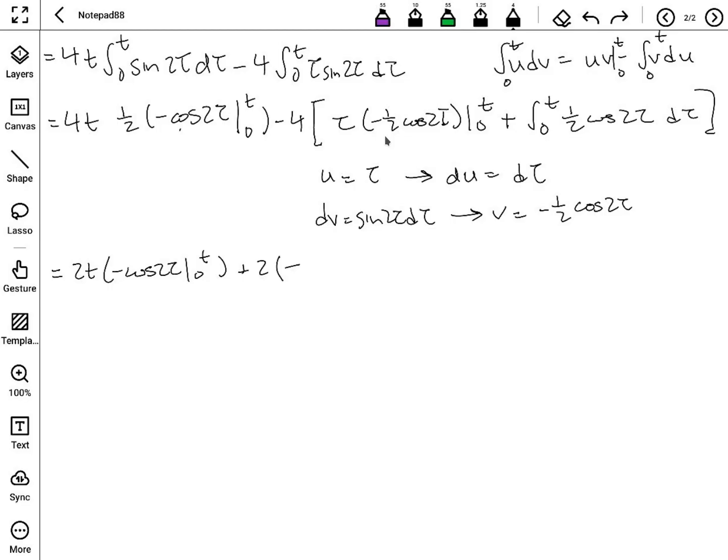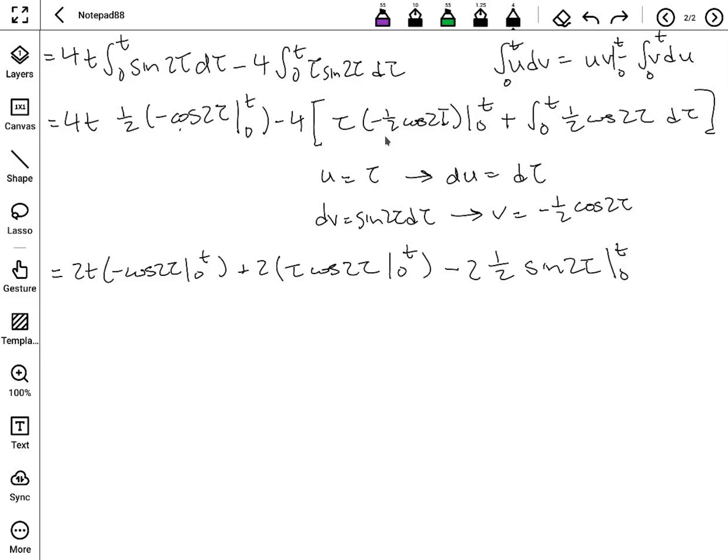Then tau cosine 2 tau evaluated from 0 to t. And then minus 4 into the next integral becomes minus 2, integral from 0 to t cosine 2 tau d tau. And the integral of cosine is just going to pull out another 1/2, and then I know it must be the one that becomes positive because sine became negative, and I evaluate that from 0 to t.